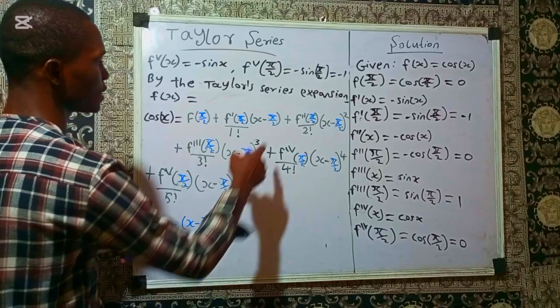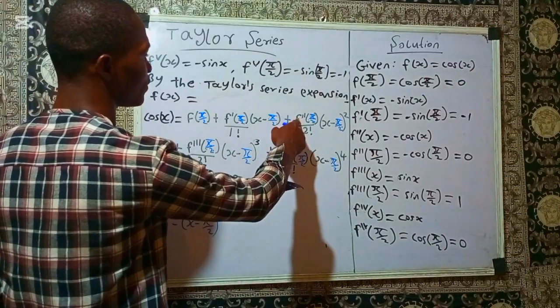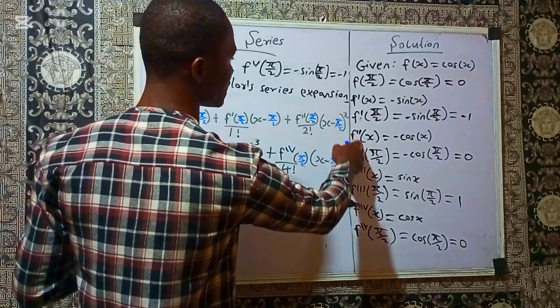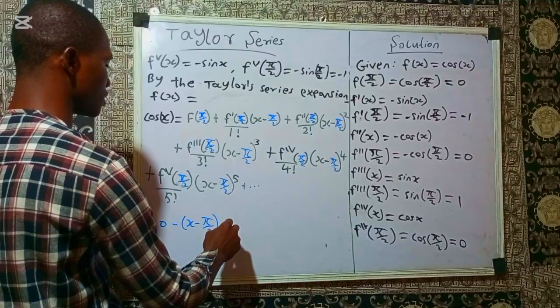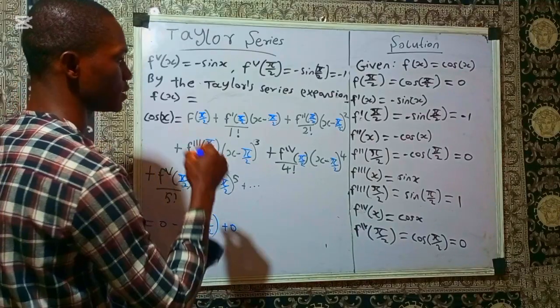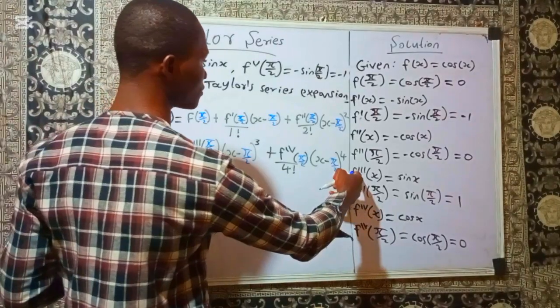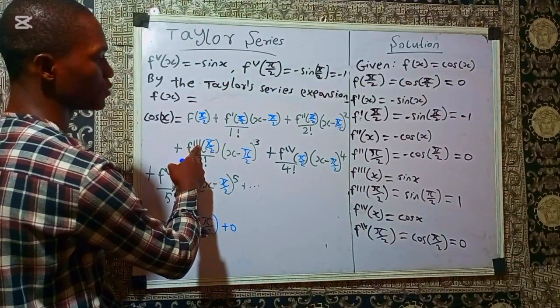Then next, let's look at the next one. We have f prime prime at pi over 2. Let's check it. F prime prime at pi over 2 gave us 0. So 0 multiplied by this quantity, you have what? 0. Right? You have 0. Then the next one is what? The next one is f prime prime prime at pi over 2.